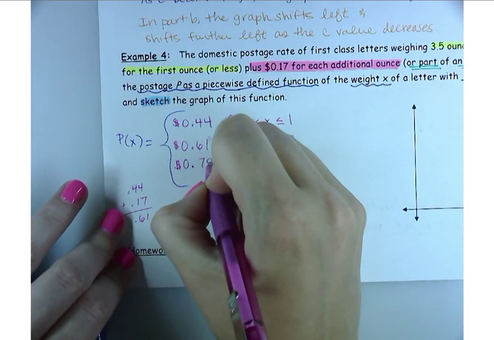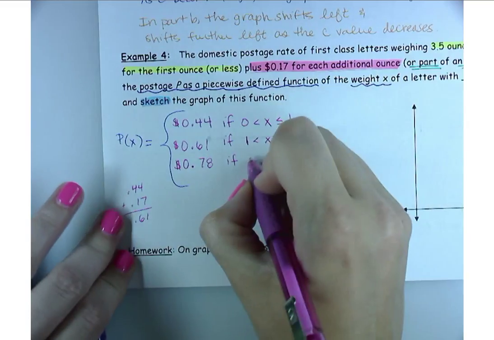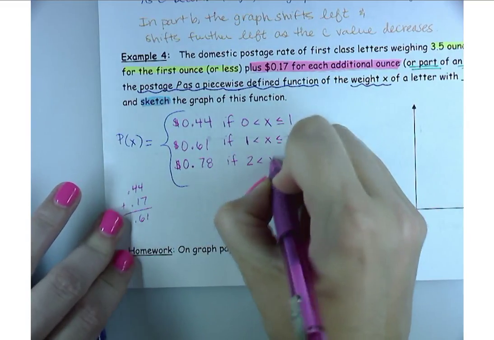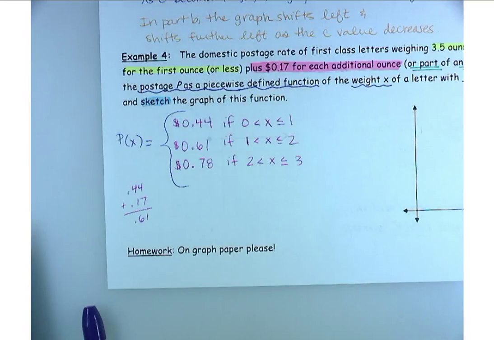Okay, so it's 78 cents if the package weighs between 2 and 3 ounces. So you can't have this both be included. If it's 2 ounces, it is going to be 61. But if it's greater than 2, that's when it'll be 78.